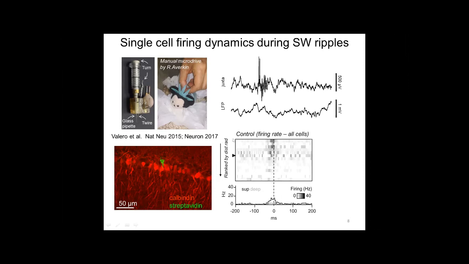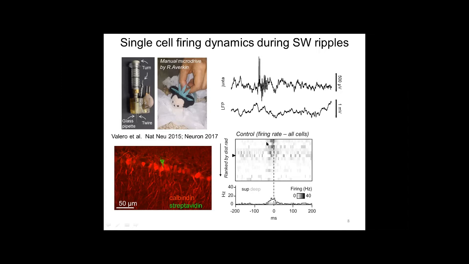Here, different cells, juxtacellular recordings in freely moving animals with these techniques, are ranked according to their distance to the border with radiatum. Zero here means that they are closer, so those are superficial, and those are more deep cells. As you can see, this is a firing rate histogram. Each row is a cell.